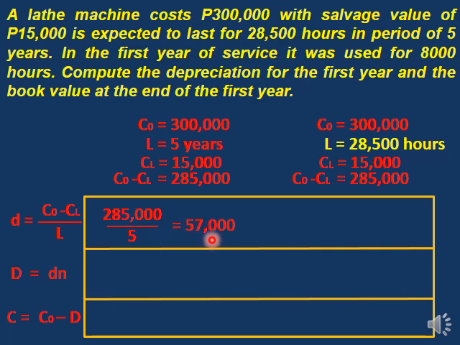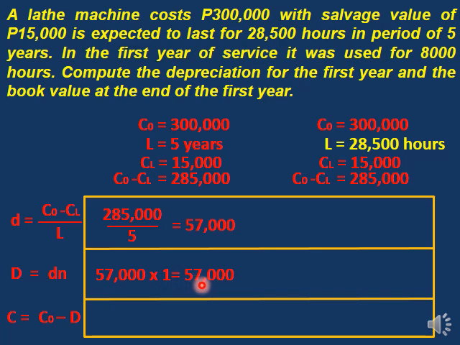Okay, what does it mean? Meaning, if this machine is kept in a warehouse and is not used, it will normally depreciate due to corrosion and other damage through time. And the total cost due to that damage or corrosion is 57,000 yearly. So the total depreciation after 1 year is 57,000 times 1, because there's only a year.